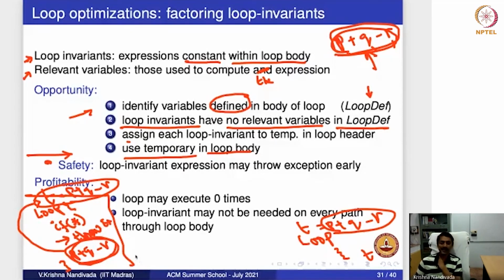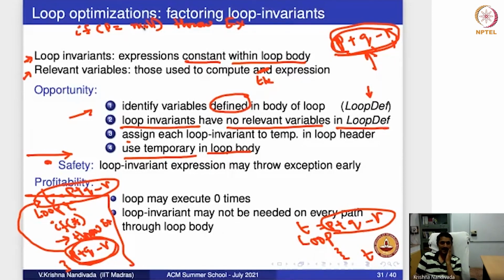You may say, what's the big deal? I'll show you what's the big deal. Let us say the code is like this. If P equal to null, throw exception.